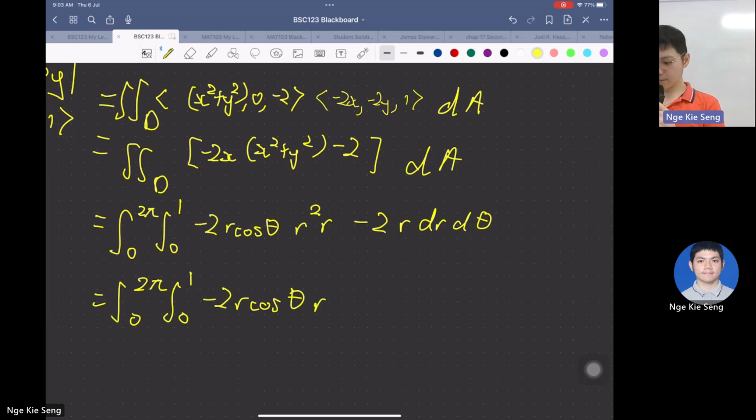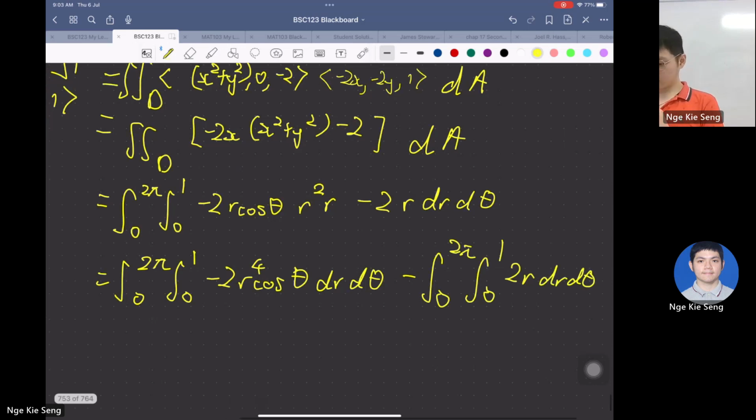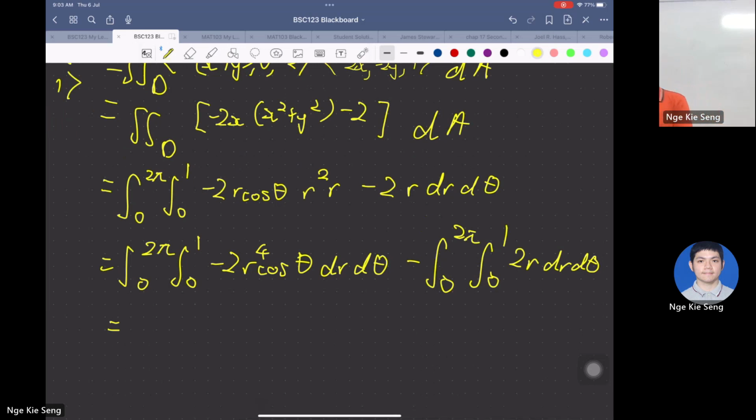To the power 4, dr d theta, minus, integrate this or not. Once I change from dA to dr d theta, we still have to add the Jacobian already.